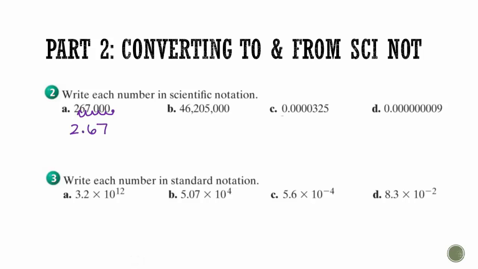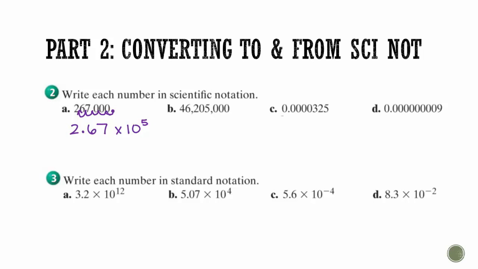We don't want to make 26.7 or 0.267 because we have to have a number in between 1 and 10. And then we're going to do times 10 to the power of, we moved the decimal over 1, 2, 3, 4, 5 times.